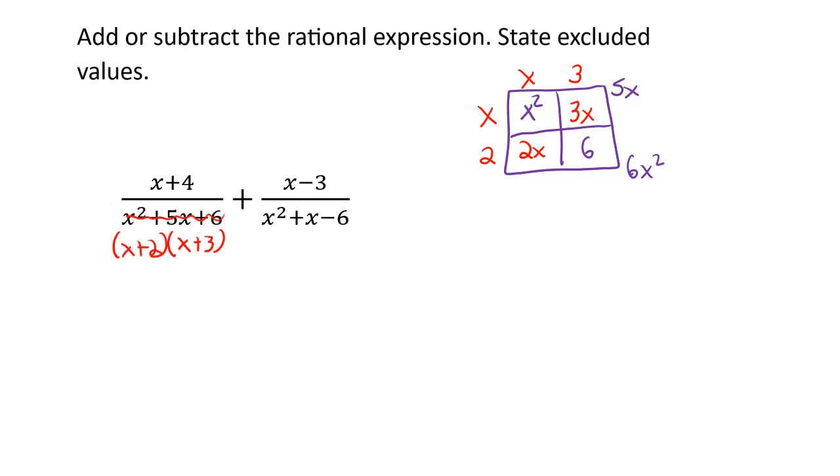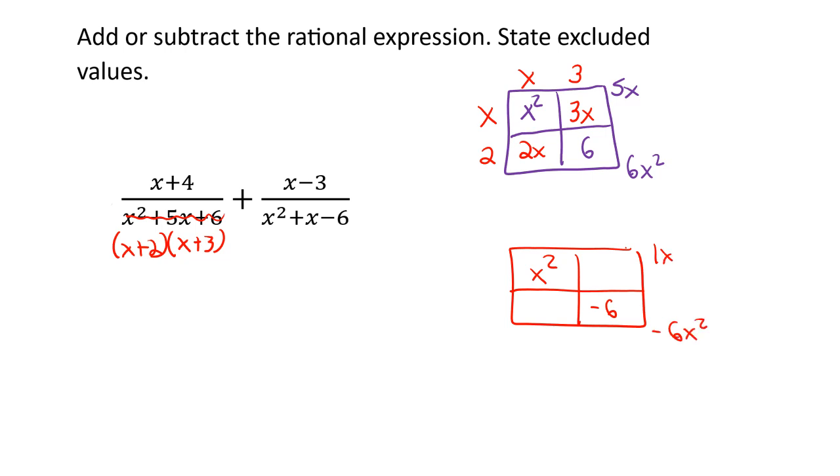And so we're going to do the same thing for the other trinomial in the denominator, x squared negative 6, 1x. We multiply x squared and negative 6 to make negative 6x squared.